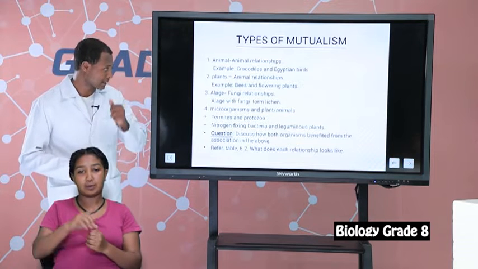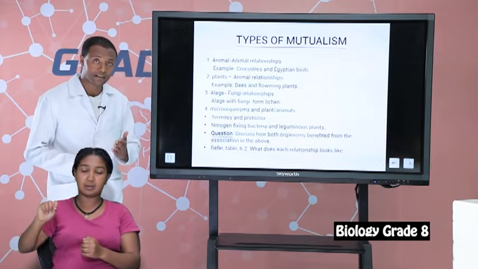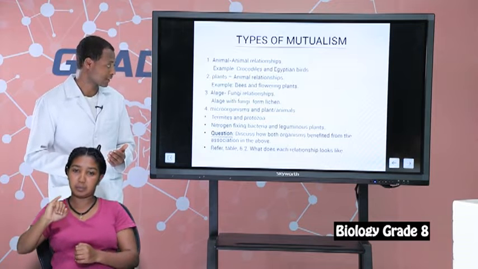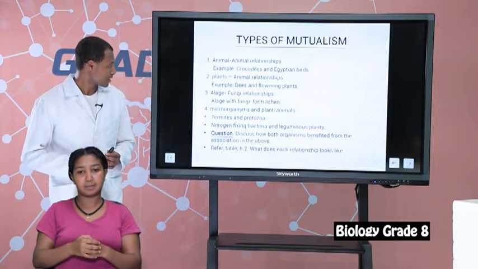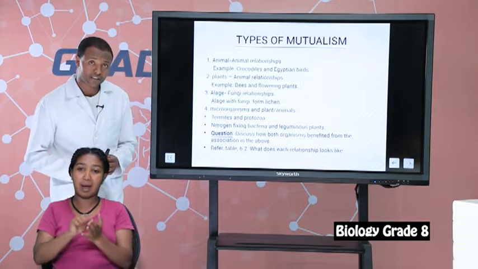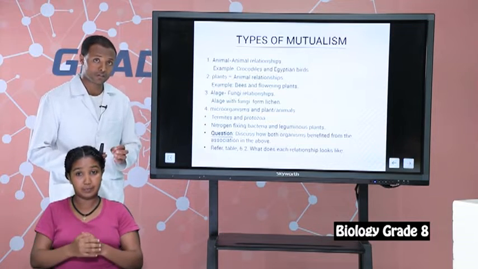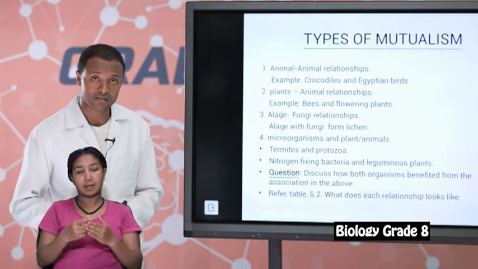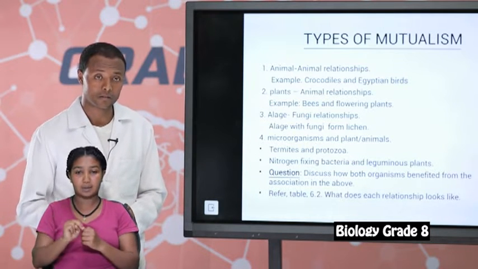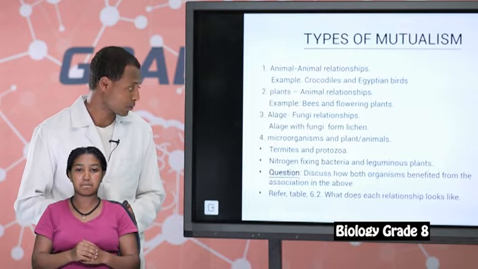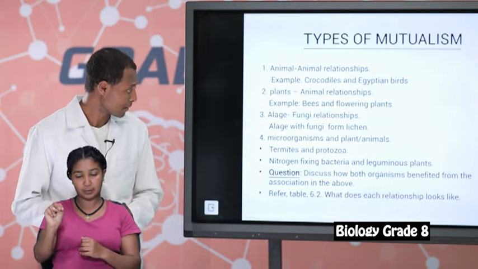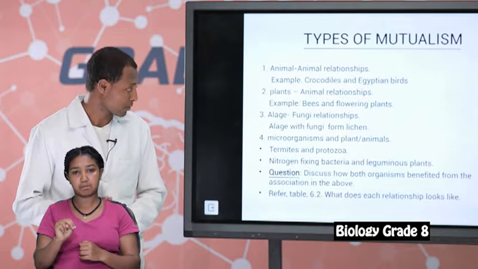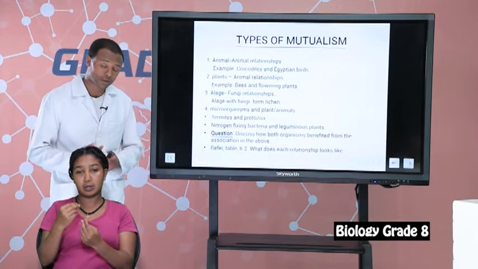Leguminous plants like beans and the peas and other crops. So these nitrogen-fixing bacteria are living in the root or in the nodule part of the plant, and they fix the nitrogen element or nutrient in a form usable by plants.